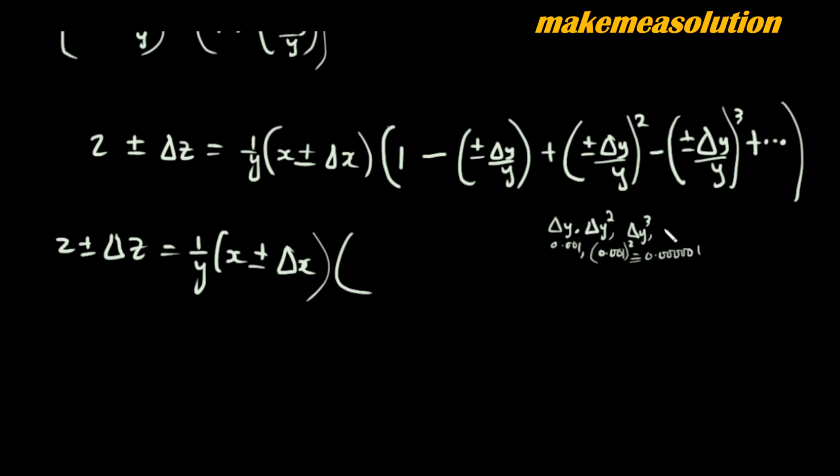So delta y cubed will be even much smaller than this one over here. And the thing is that we are not just squaring the numbers. Like in this term, we are squaring delta y and dividing by y at once. So think about it. y is probably big, but delta y is very small.